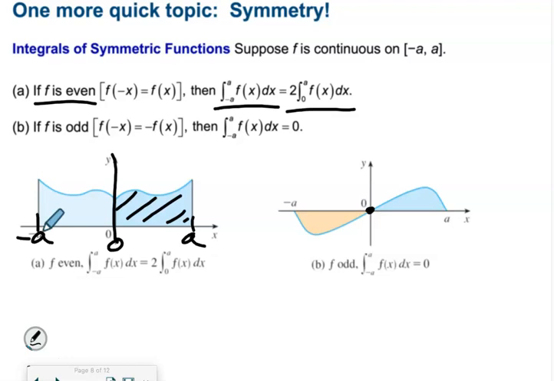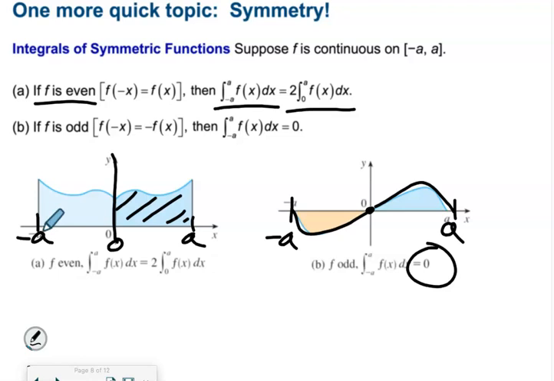If it would land back on top of itself, then it is called an odd function, and it has origin symmetry. If it's a polynomial, all the exponents will be odd, and there will be no constant. When you have an odd function, you always have the same amount of graph below that you have above. So the integral from negative a to a will always be 0, because they'll always wash out.